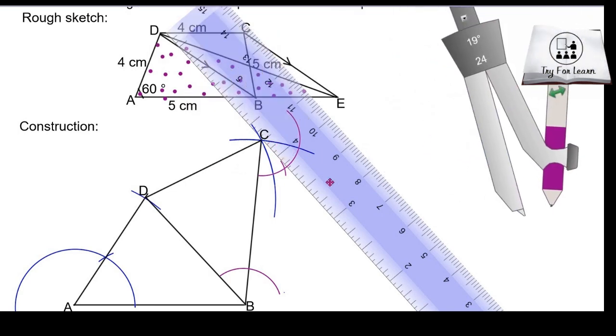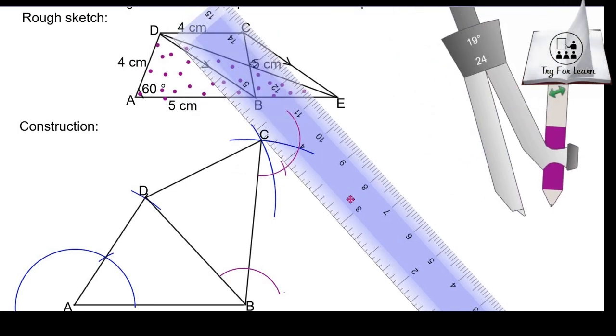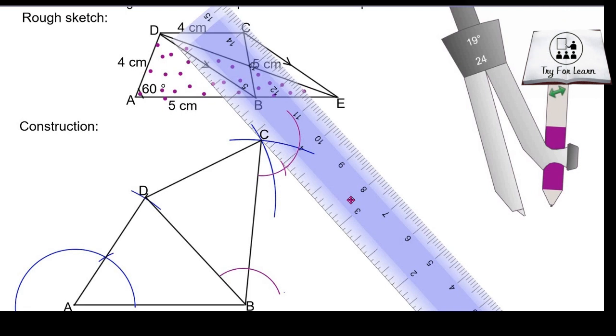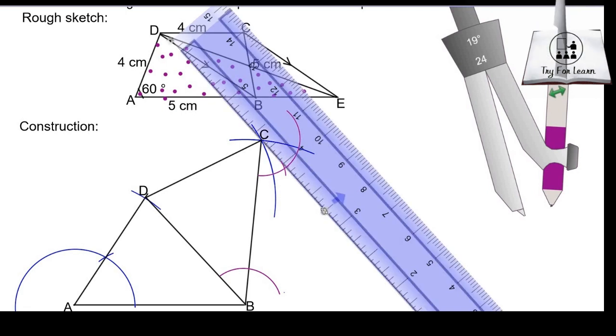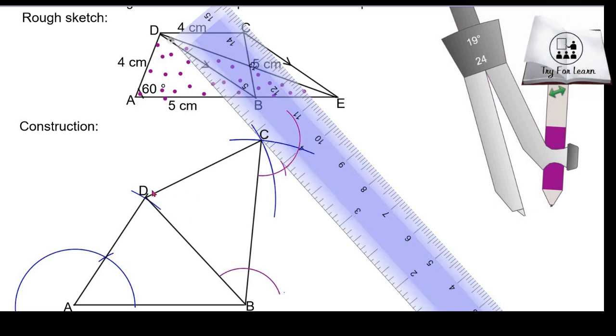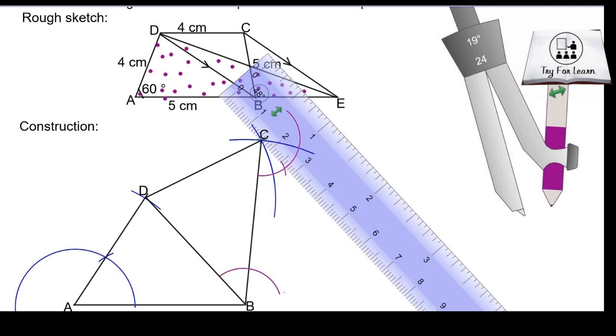And now we should join that intersecting point with this vertex C so that we will get a line parallel with DB. Now let's draw a line from this C by joining this intersecting point.